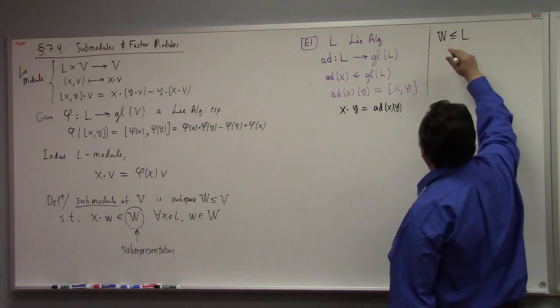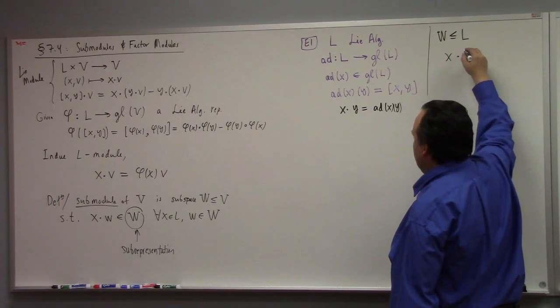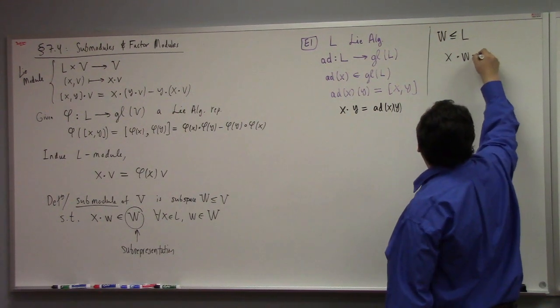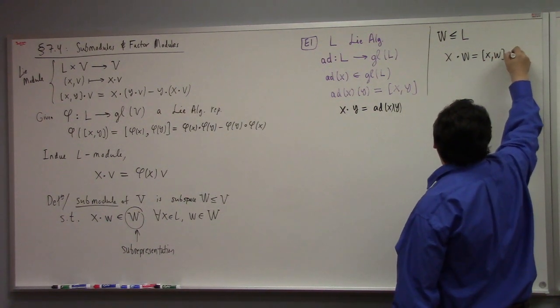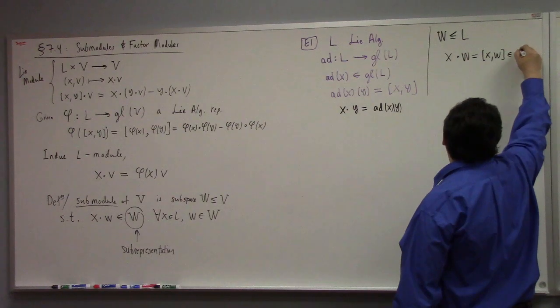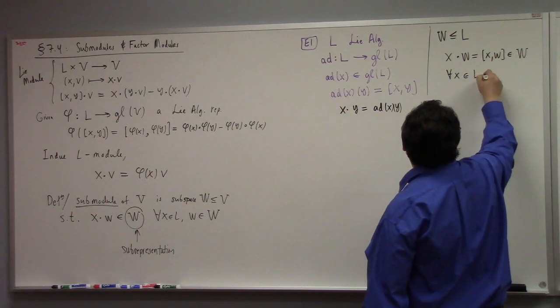So we need x dot w, which is equal to, as it happens, the bracket of x and w. We need that to be an element of W for all x in L, right?